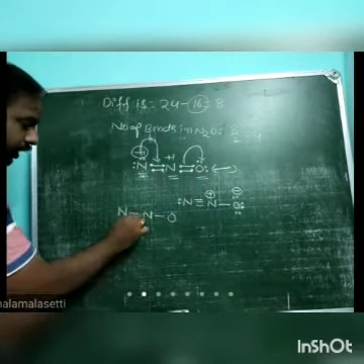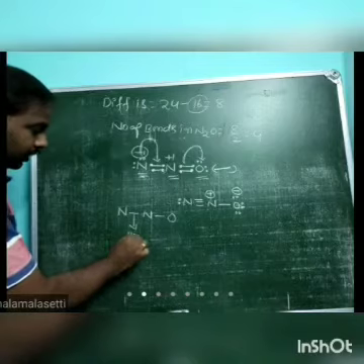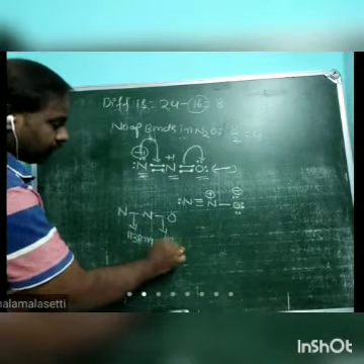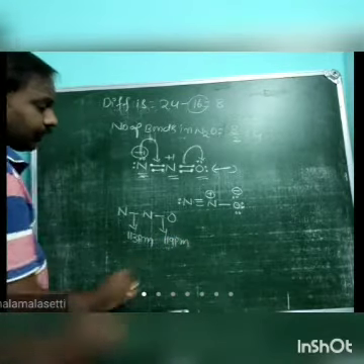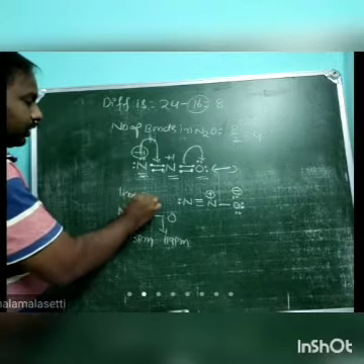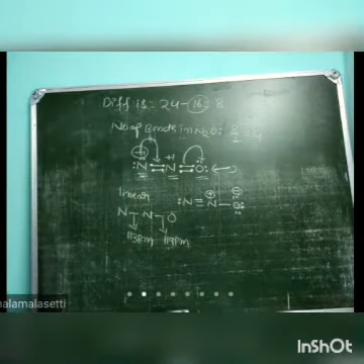The NN bond length is 113 picometers, and the NO bond length is 119 picometers. And the geometry of the molecule is linear.